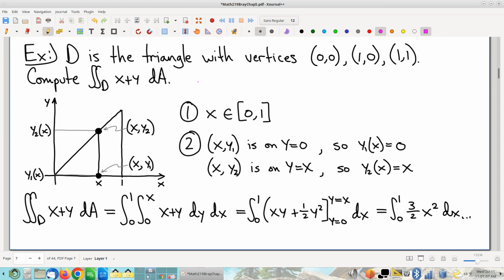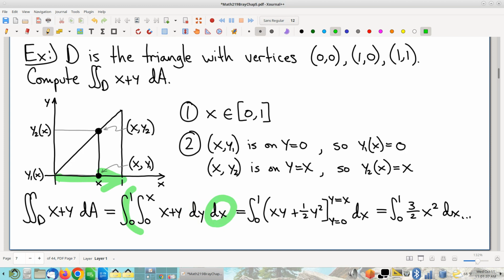Here we go. Okay, so let's do it. Arbitrarily, I'm going to use this order of slicing. No particular reason. We're going to do it the other way in just a moment, but let's start with this way first. I need to know my x bounds first. So as I go like this, where does x start? Where does x end? That's pretty clear from the picture.